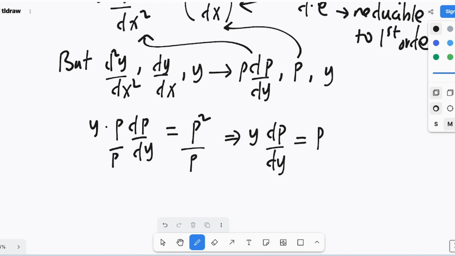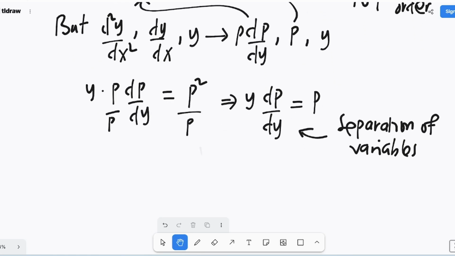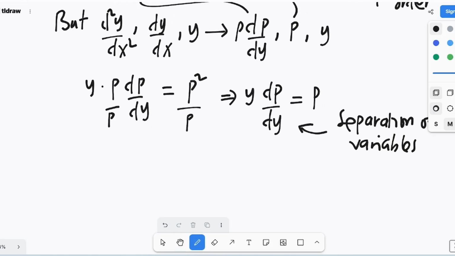If you look at this DE seriously, we can use separation of variables to solve it. Separation of variables is like collecting like terms together.